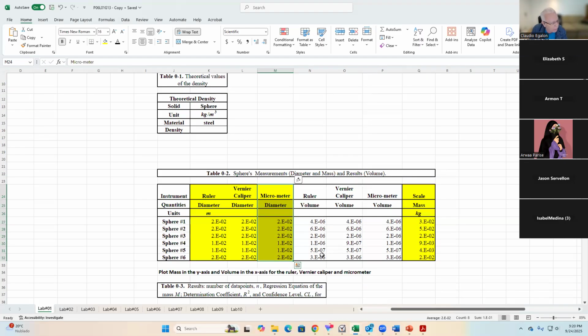Where is my stuff here? Let's see, I want to show you, just to remind you. Here is the vernier caliper, the very important measuring instrument. It's not just a ruler that we use, but we use this device as well, which is a fancy ruler.